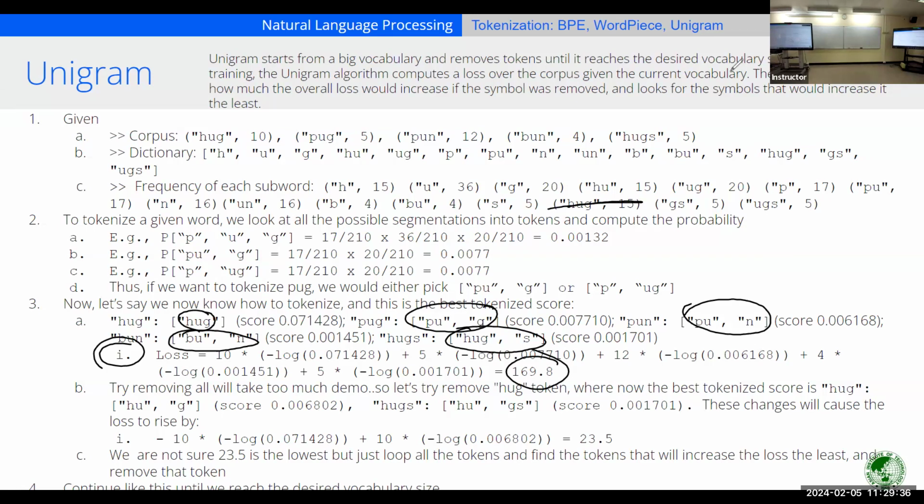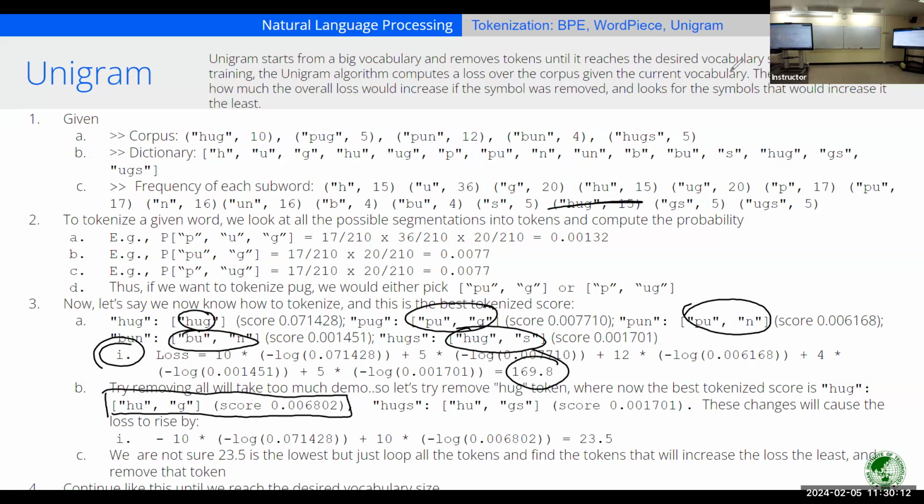If this guy no longer appears, then I need to use the next highest guy, right? Just now, the next highest guy is this guy, correct? That is not 0.07, right? So if I delete this guy, then the next guy will take in. So this could be the next possible subword. Then I calculate, if I change it, how much the loss will increase.